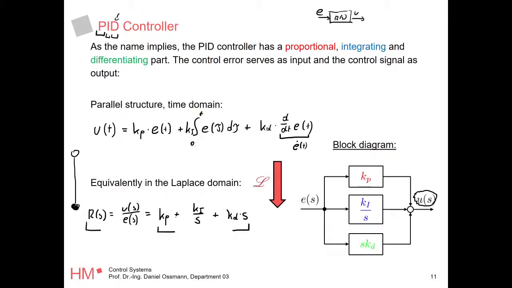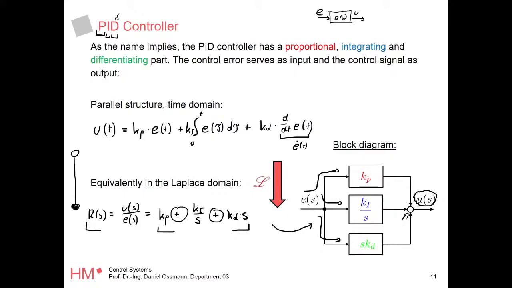Okay. So if you would draw the block diagram of this, you would end up here. Your control error comes in, it runs through a proportional channel, an integral channel, and a differentiating channel, and at the end it's summed up again at this summation.